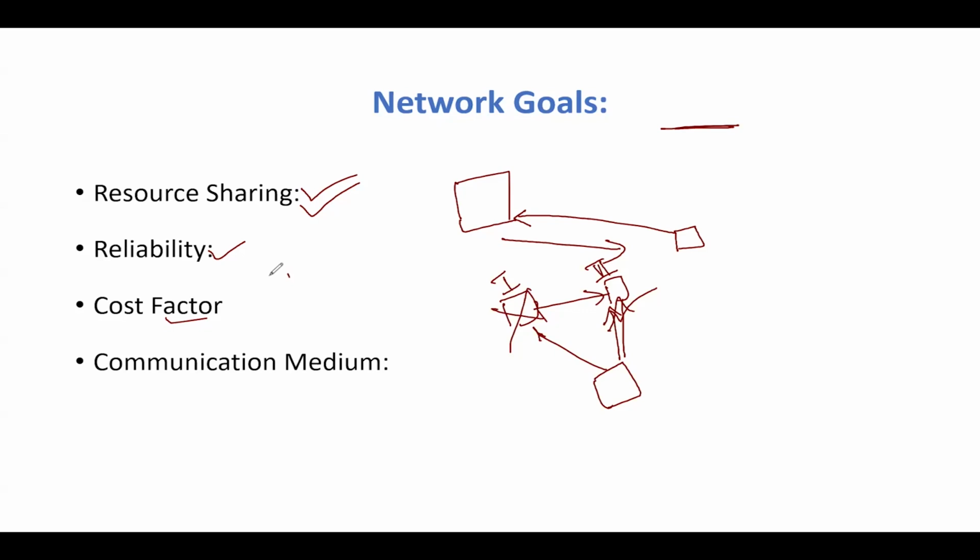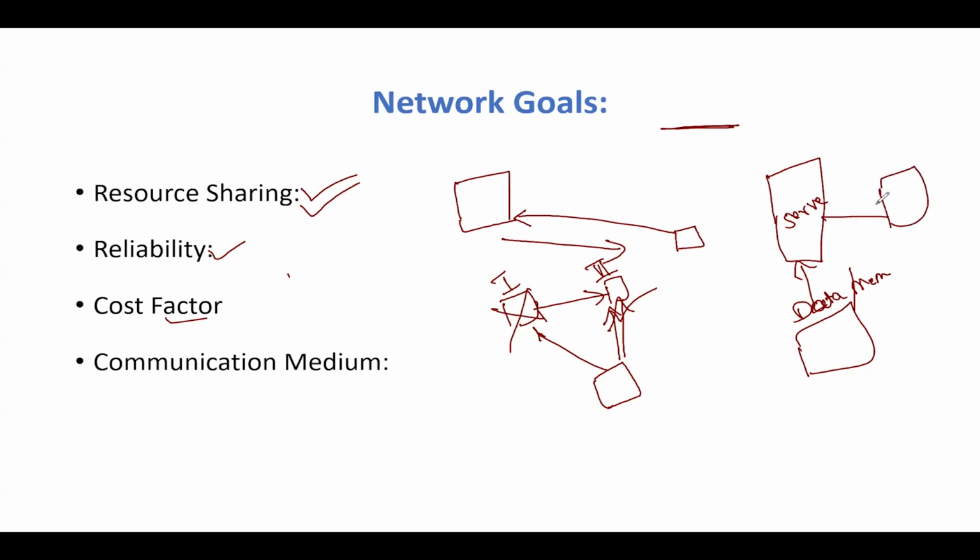In organizations, instead of having single systems that each need more memory, I can have a shared server. Many people can share this server, and by doing that, I can reduce the cost. And then the communication medium, of course. With the help of a network, we are able to communicate with each other. These are the goals of the network.